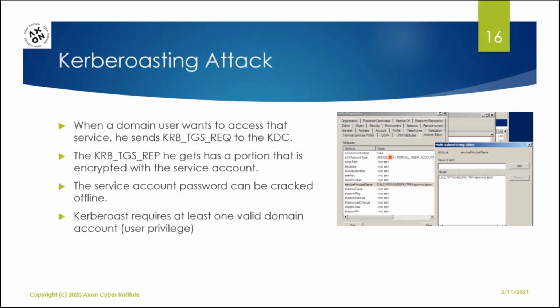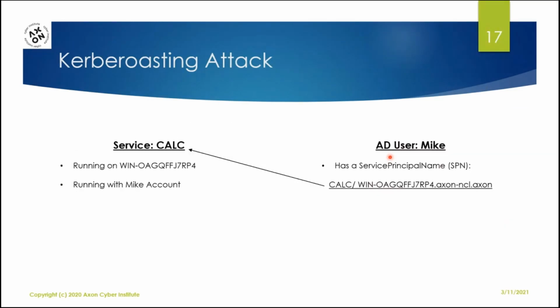Now, what is the problem with that? Here is a simplified version. We have the service calc running on this machine, logging in with the Mike account, and the user Mike has an SPN stating that calc on this machine is running using this account.